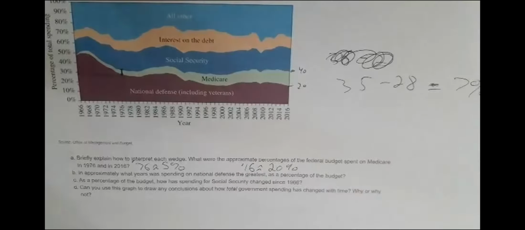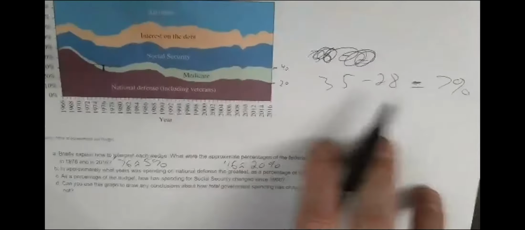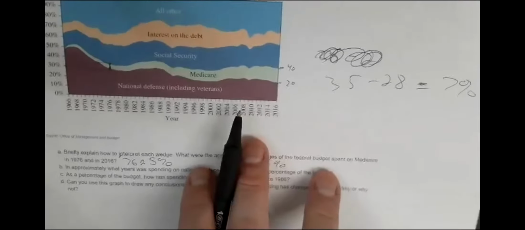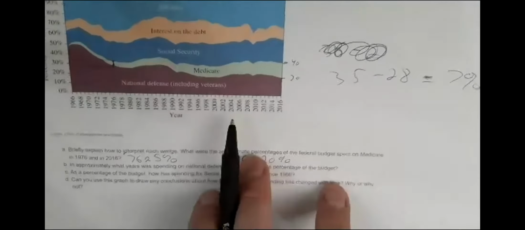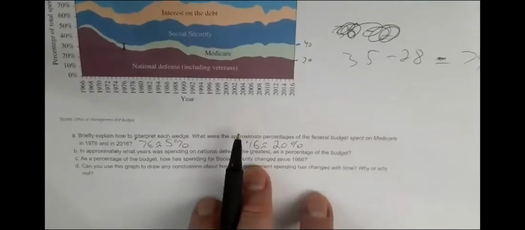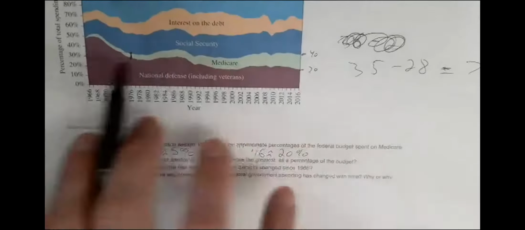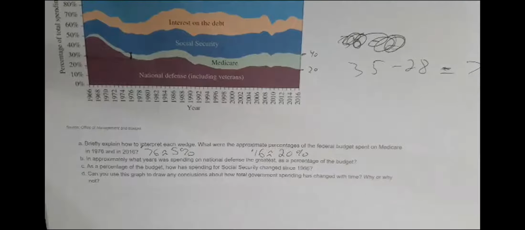Like 35. So that's about 7%, right? That's what I got. I said about 5 or 7%. You're in the right ballpark. It's not exact, right? We can't do this exactly. It's not an exact chart. I'm not expecting exact numbers on this, as long as it's pretty close.